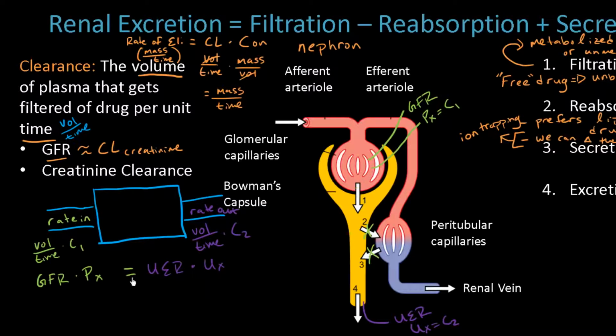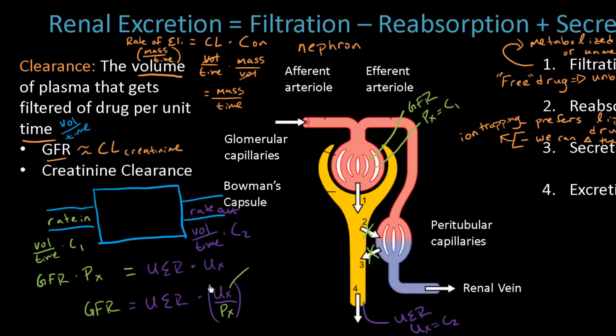So if I was going to solve this for the glomerular filtration rate, I have this urine excretion rate multiplied by the concentration of this substance that is not reabsorbed or secreted, and I divide this by the plasma concentration of that substance, Px. When I do that, I get the GFR.